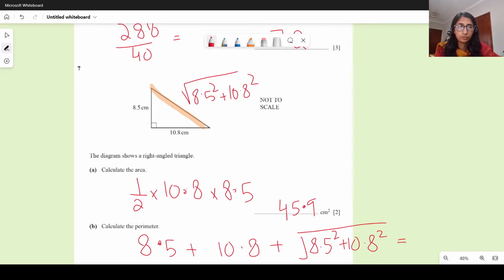13.7437. So 8.5 plus 10.8 plus this answer, 13.7437.